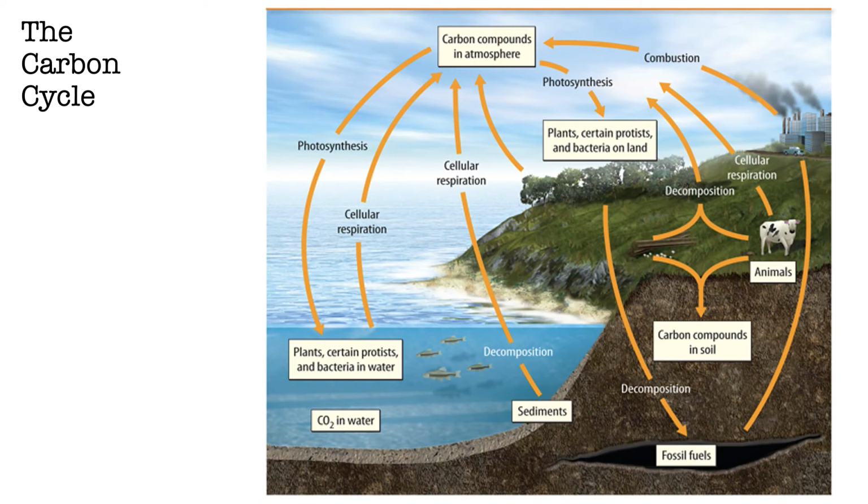Okay. Starting with a little bit of basics here, the carbon cycle. What you have to understand is the carbon cycle really centers around two processes that you've been learning in science class forever, and that's photosynthesis and aerobic respiration or cellular respiration. Those two processes dictate most of the carbon cycle.